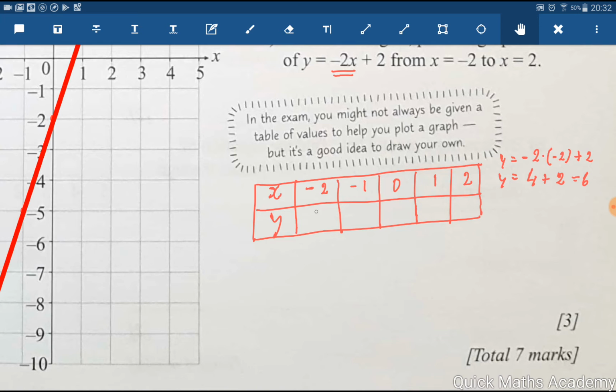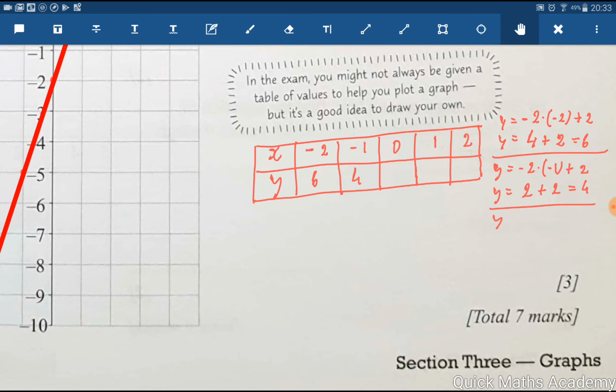Now if it's minus 1, y will be minus 2 times minus 1 plus 2. Minus 2 times minus 1 will be 2, 2 plus 2 will be 4.